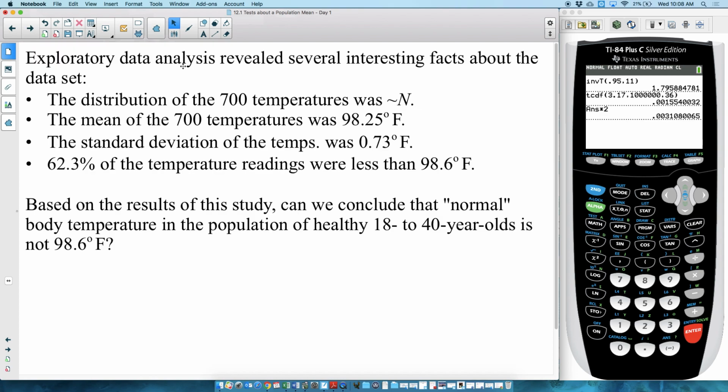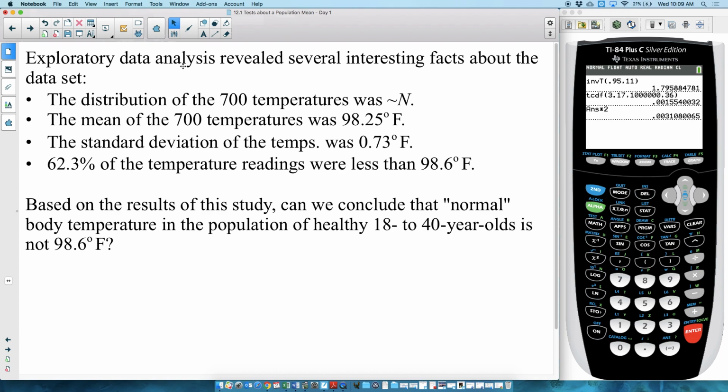So, exploratory data analysis revealed several interesting facts about the data set. The distribution of the 700 temperatures was approximately normal. The mean of the 700 temperatures was 98.25 degrees Fahrenheit. The standard deviation of the temperatures was 0.73 degrees Fahrenheit, and 62.3% of the temperature readings were actually less than 98.6.